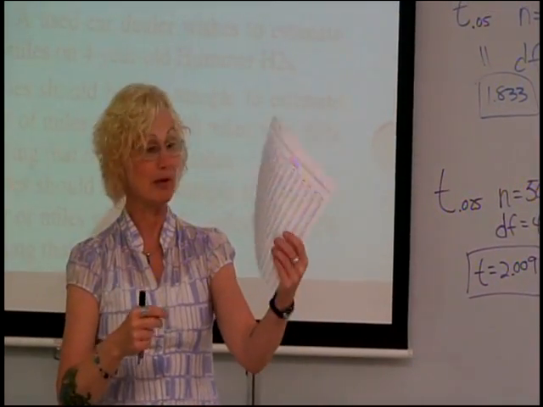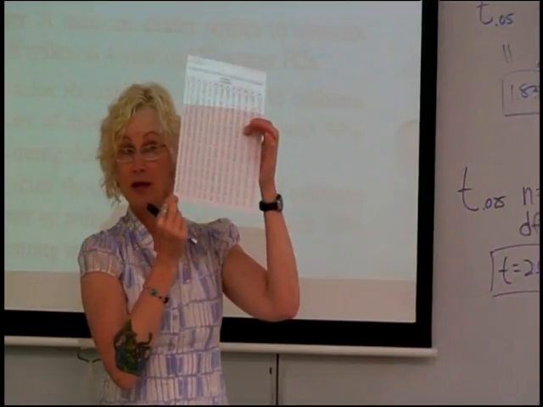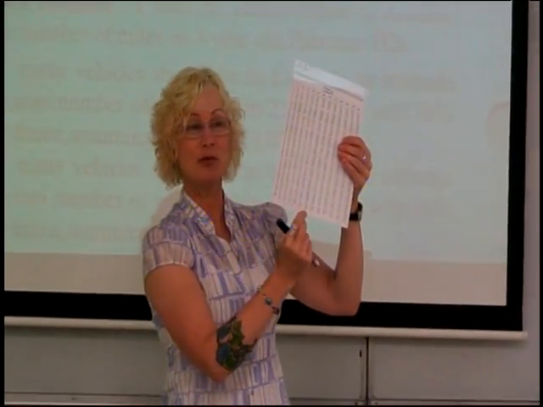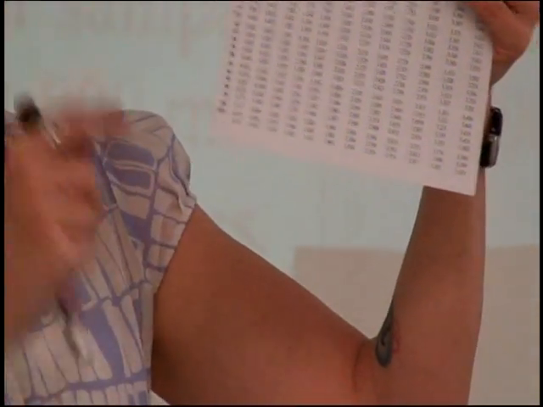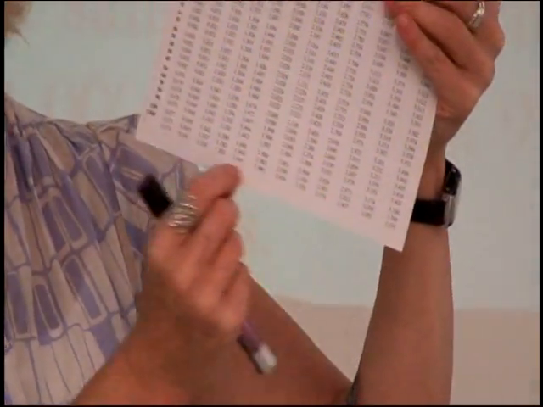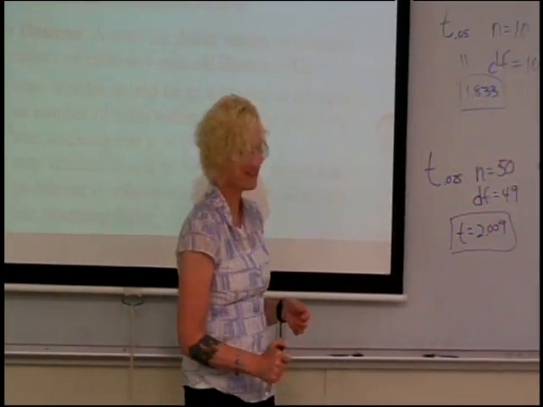At the bottom of the table, the T is practically indistinguishable from a Z curve. So as your sample size gets gigantic, you can just use Z-scores and you're fine. Does that make sense?